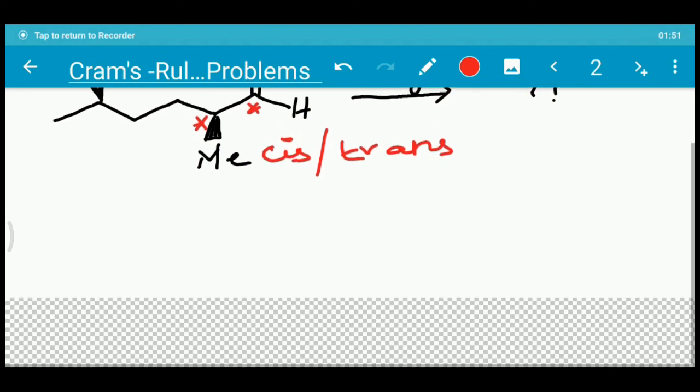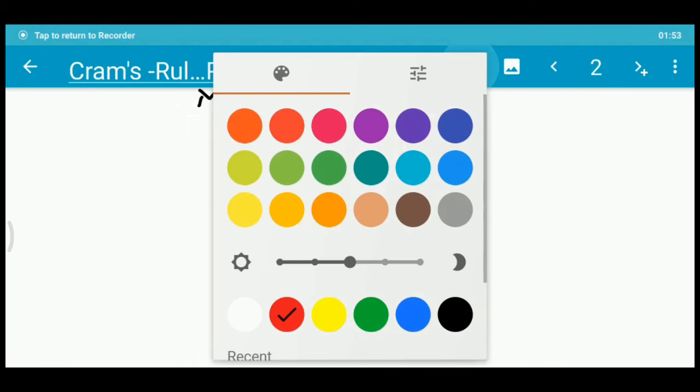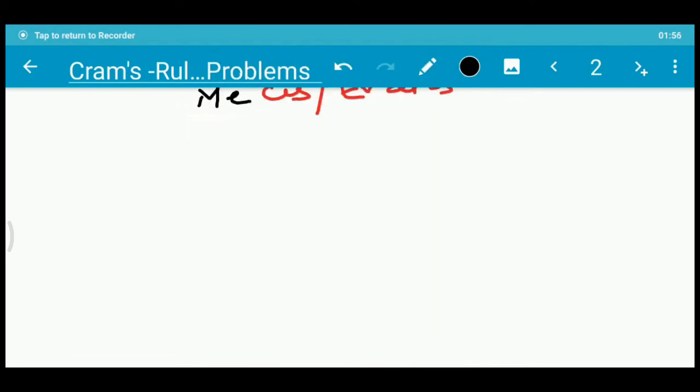Let us take up the Felkin-Anh Cram's model. So according to Cram's model, we are going to draw the Cram's model.